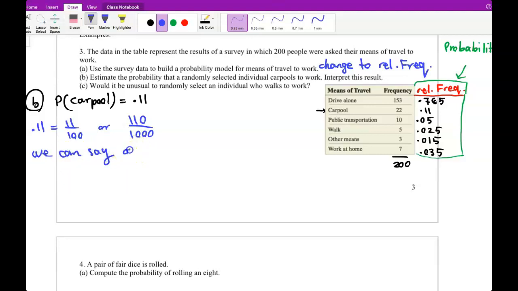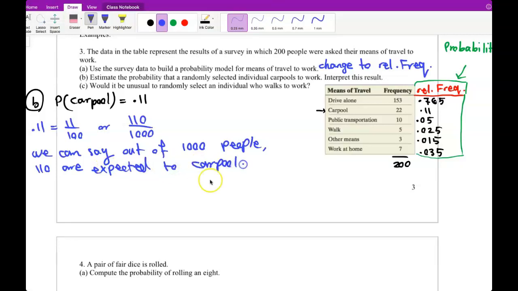We can say out of 1000 people, 110 are expected to carpool.